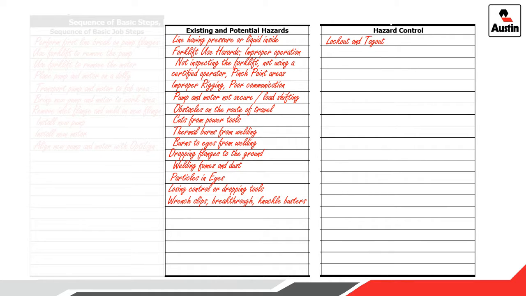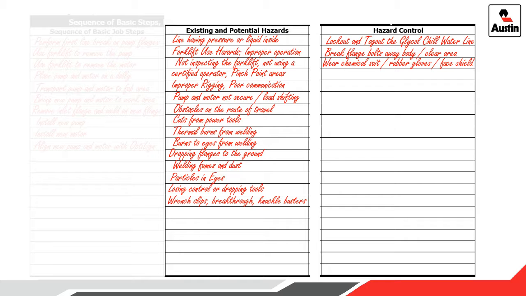Our precaution is to lock out and tag out the line, which is an engineering control, to break the line away from you, which is an administrative control, and finally to wear personal protective equipment as if the line is charged, which is a PPE control.